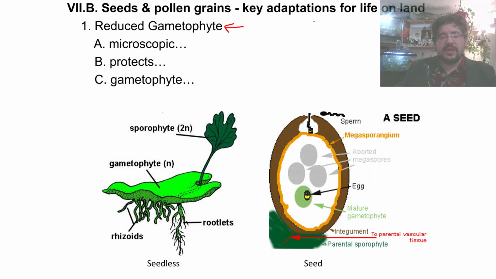The spores that are produced by the sporophyte actually stay on the sporophyte. The spores are no longer a method of dispersal.